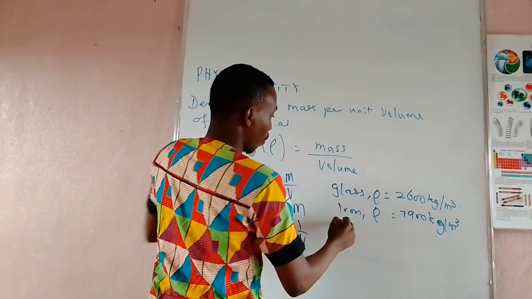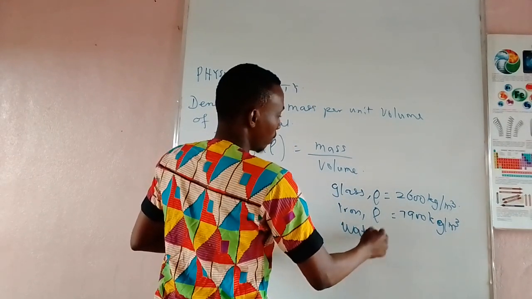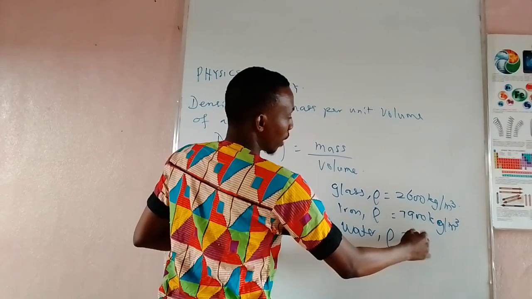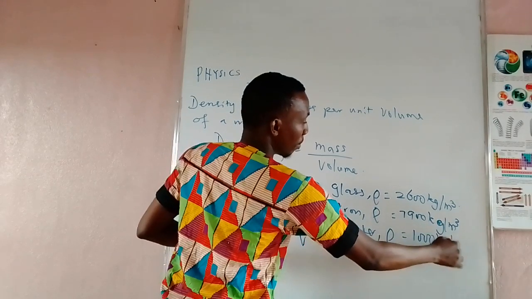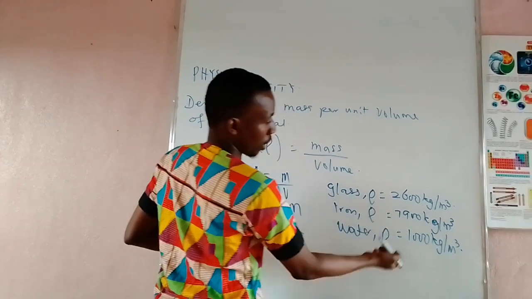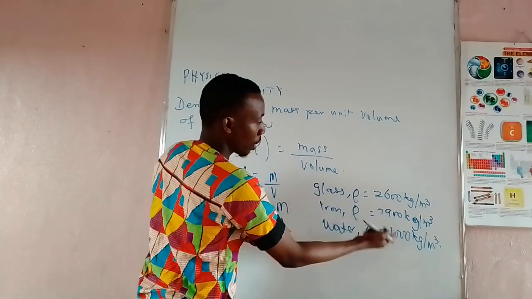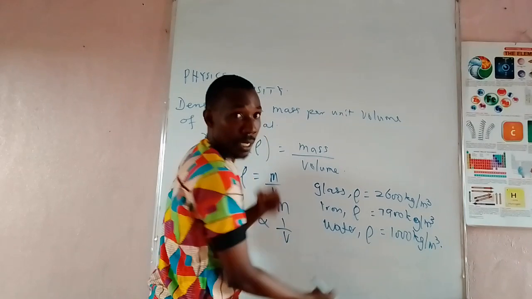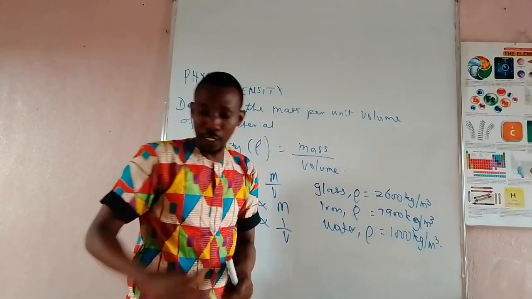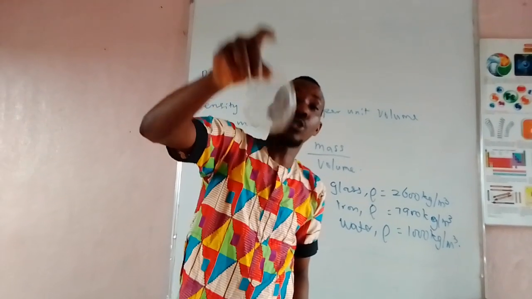And the density of water, you can see, is 1,000 kilogram per meter cube. You can see from these numbers that glass and iron are denser than water. So now it means that this glass should sink.